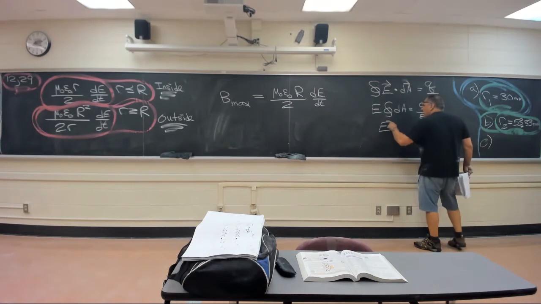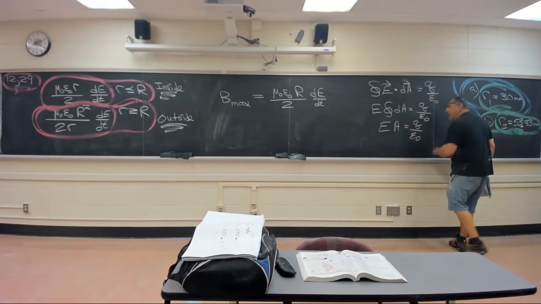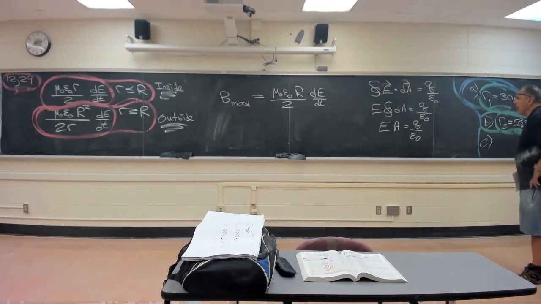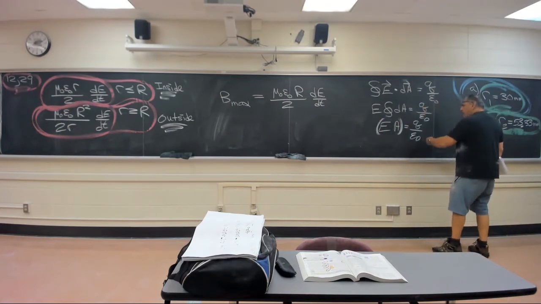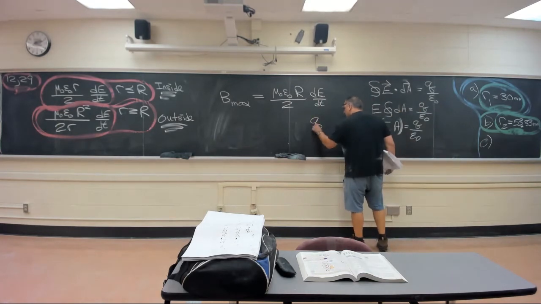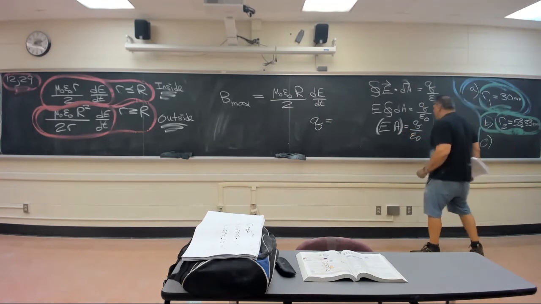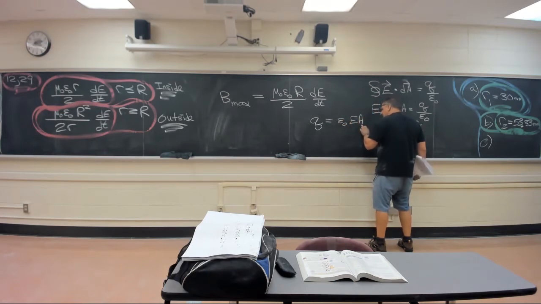Well, we've been down this path before. Take what you have right here and multiply by epsilon naught on each side. We got epsilon naught EA. Well, epsilon naught and A in these circumstances are constants.